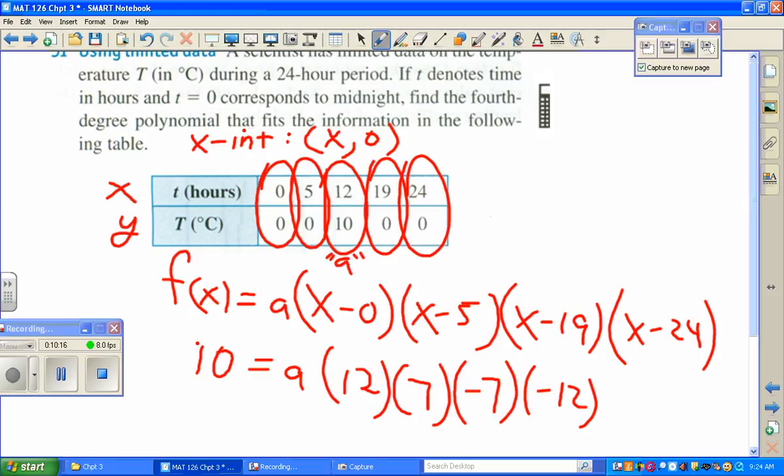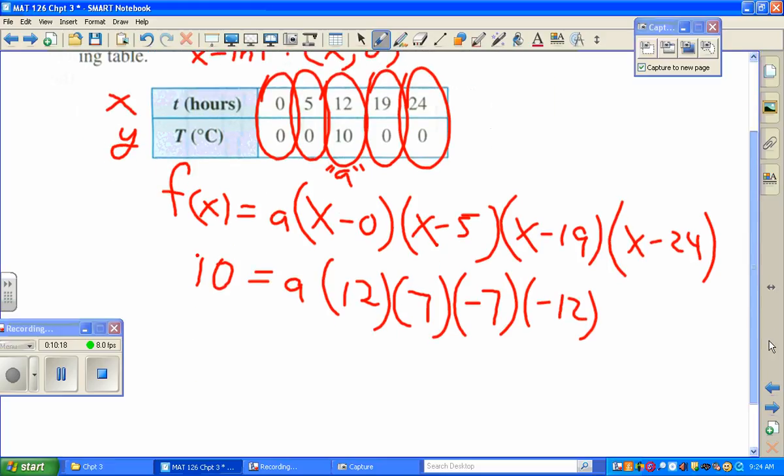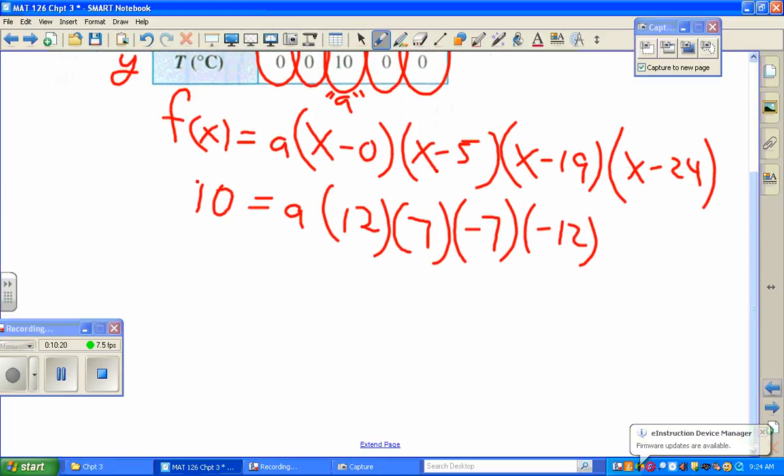What is it? 10 equals what? 144 times 49. You have a big dog calculator right there. Punch it out. 7056A. That's just going to be a fraction. Leave it. Yeah, leave it as a fraction. Say 10 over 7056. Right, you can divide them both by 2.